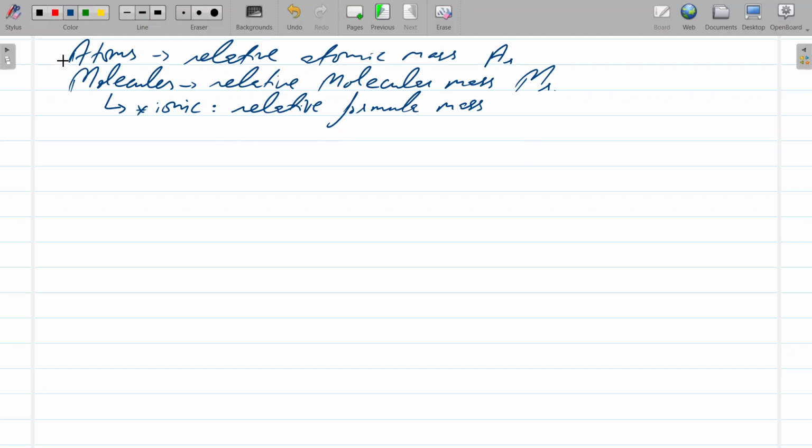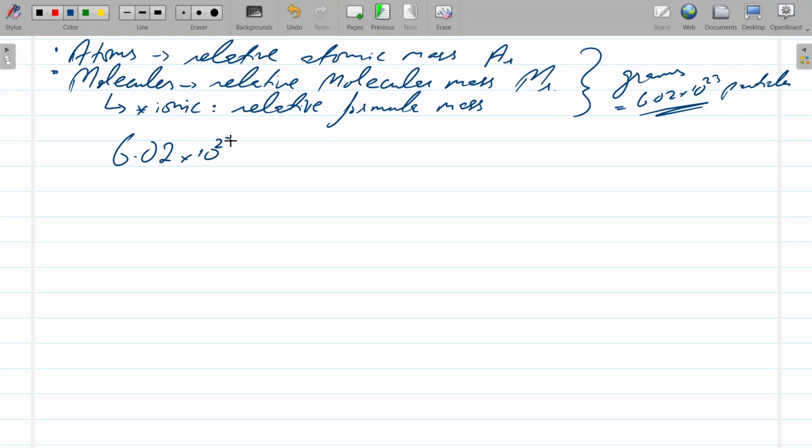Yes. Okay. And so when you take these relative masses and put them into actual grams, you get 6.02 into 10 to the power 23 particles. And this number is called Avogadro's number or Avogadro's constant.